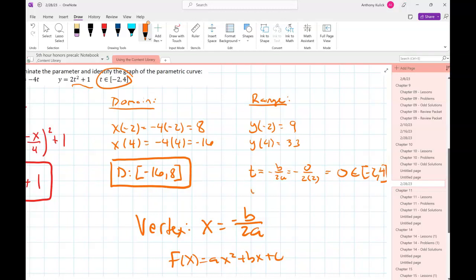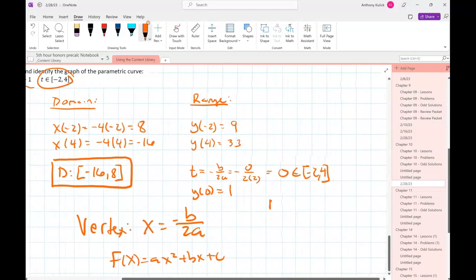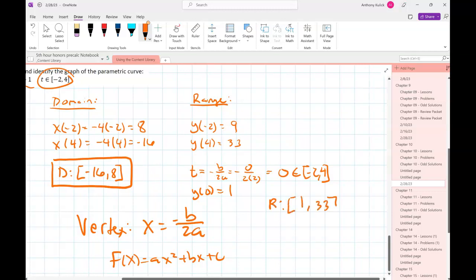So we do need to check that. So y of 0 is just going to be 1. Everybody's okay with that? So my range then should be 1 to 33.